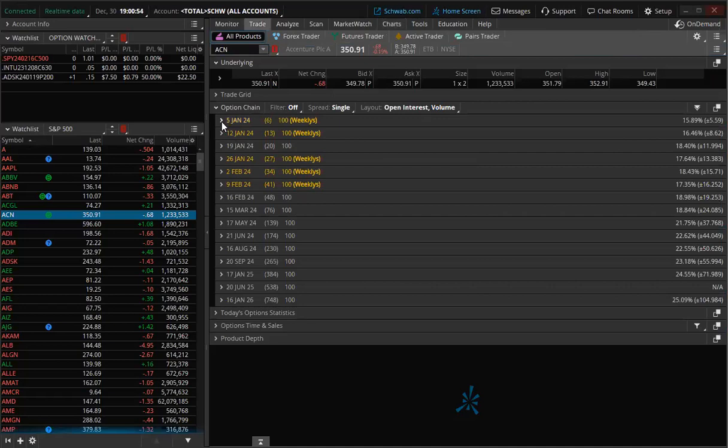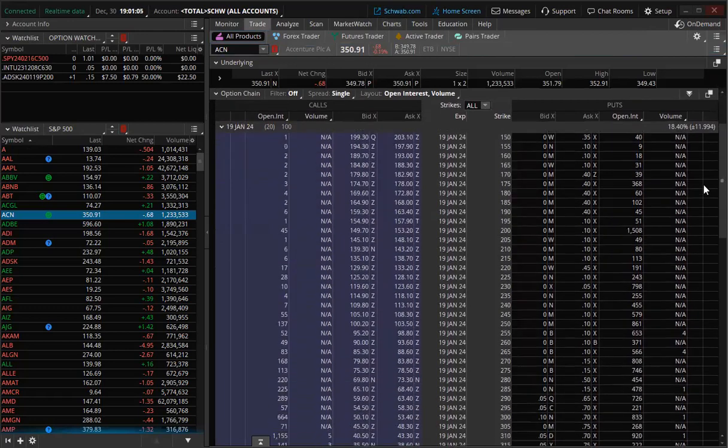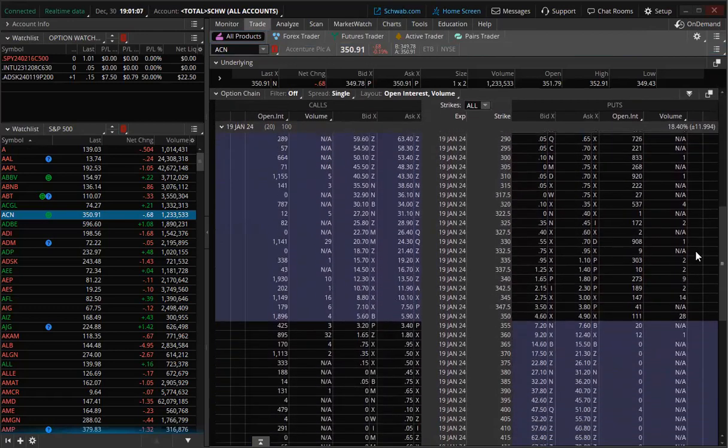For the new high, January 19th would be good to look at put options.